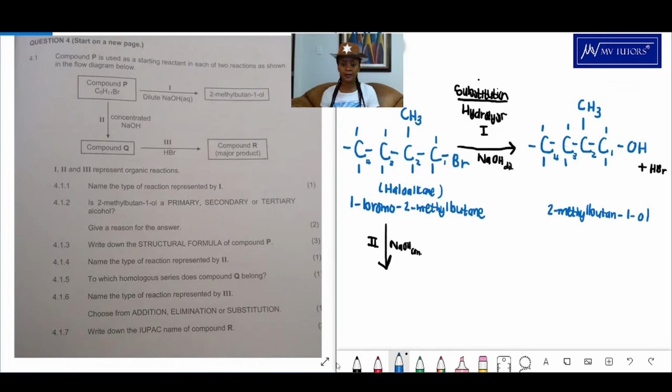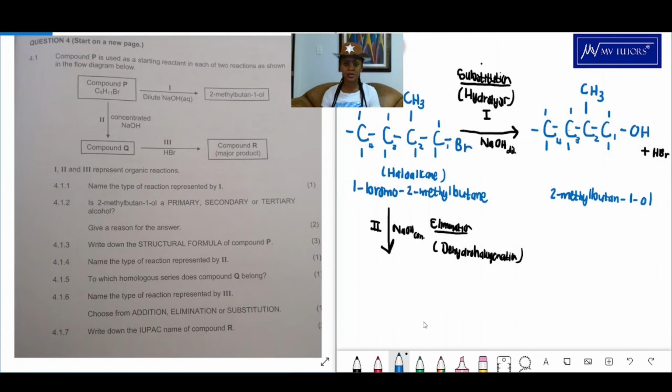And for the type of elimination reaction, there we had hydrolysis; this one is going to be dehydrohalogenation.